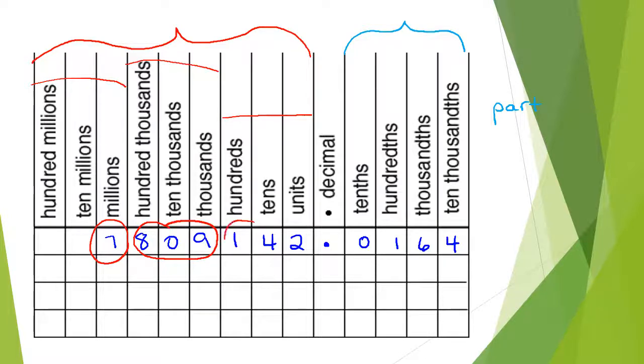And how many nobodies do we have? We have 142. Now you'll see here they called them units. This is also known as ones. Okay, so if this number was just the red side, we would say 7,809,142, and we would be done.